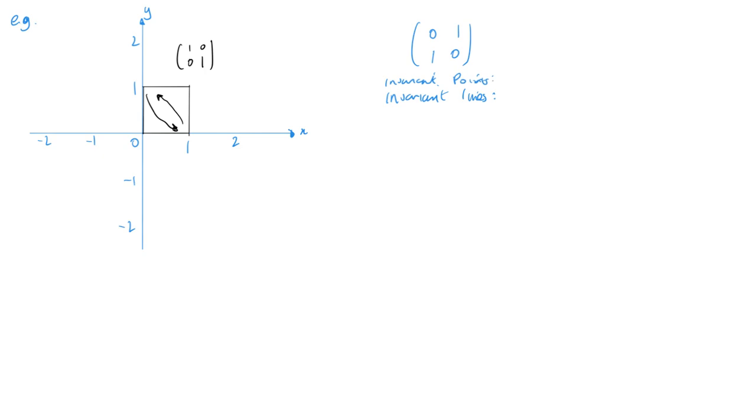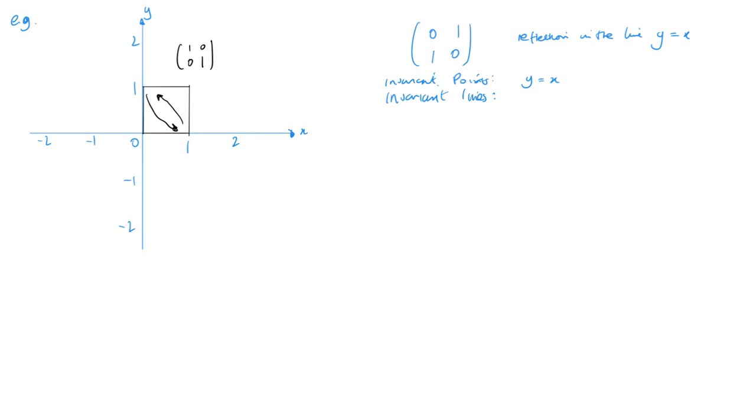This is a reflection in the line y equals x. So where are our invariant points? All the points on the line y equals x will be invariant points.